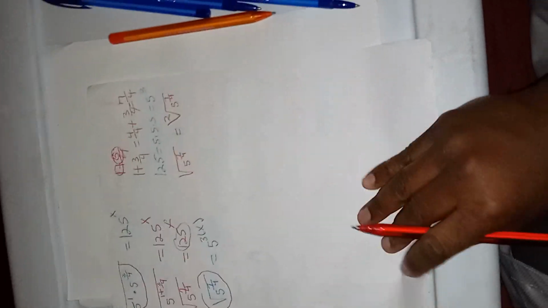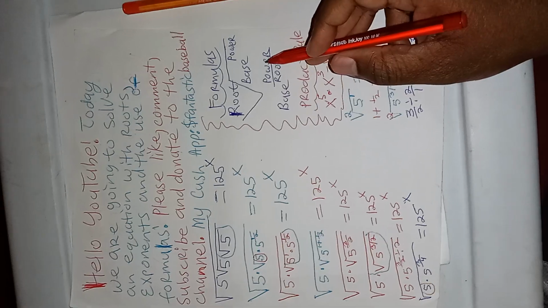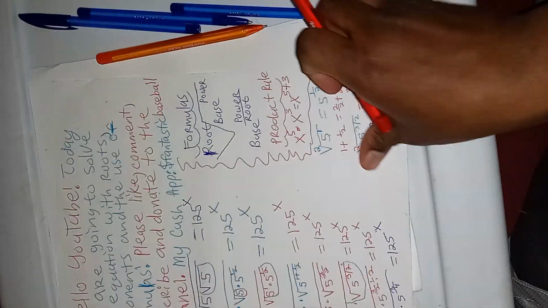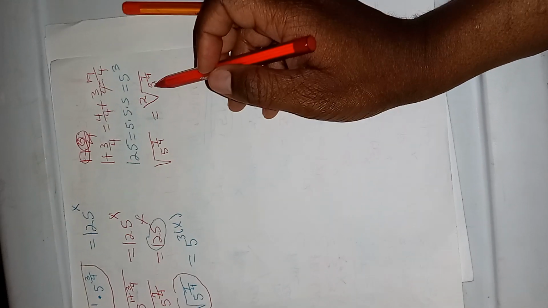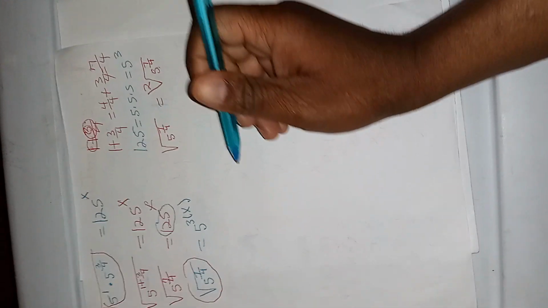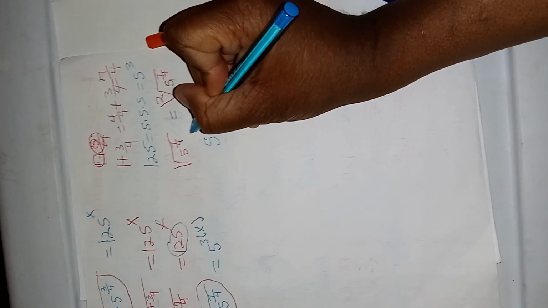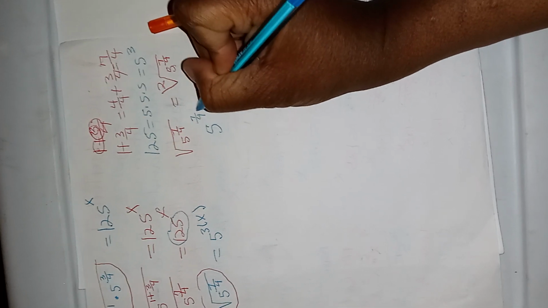And then we could utilize base to the power divides the root. The base is 5, the power is 7/4, and the root is 2. So it's going to be 5 to the 7/4 divided by 2.